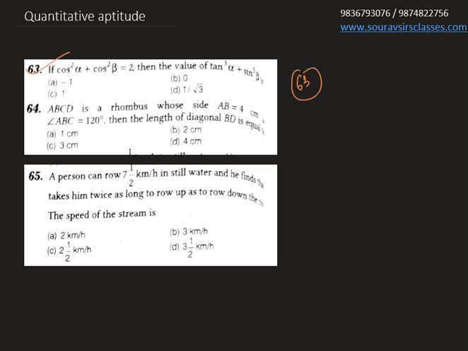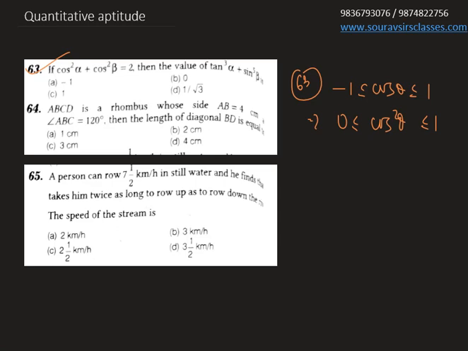We are given that cos square alpha plus cos square beta is equals to 2, then we need to find tan cube alpha plus sine to the power 5 beta. Now we already know that cos theta is in between plus 1 to minus 1. So this implies cos square theta is in between 0 to 1.